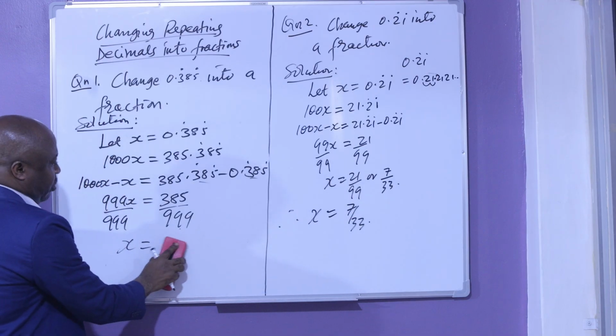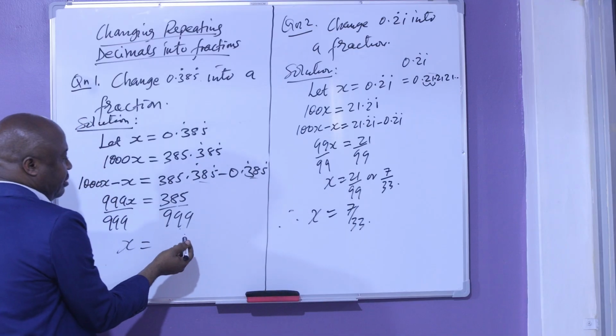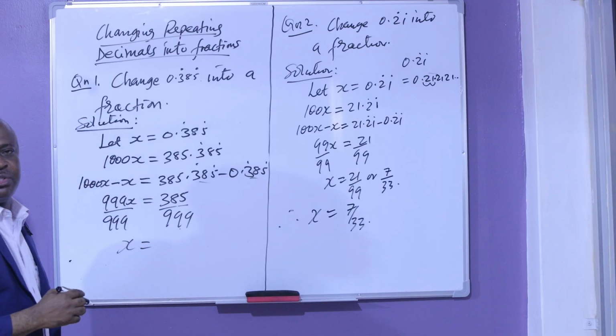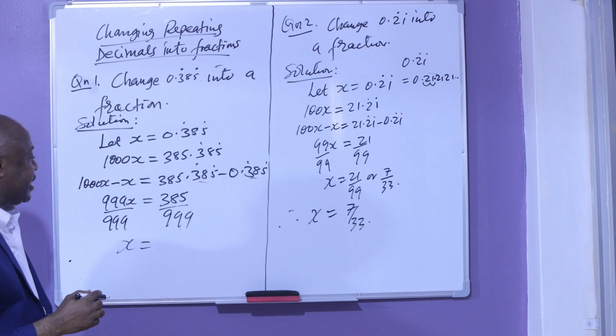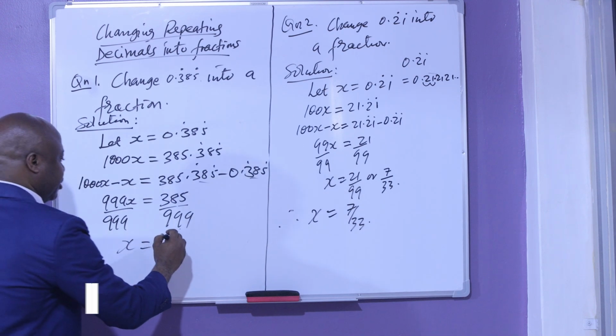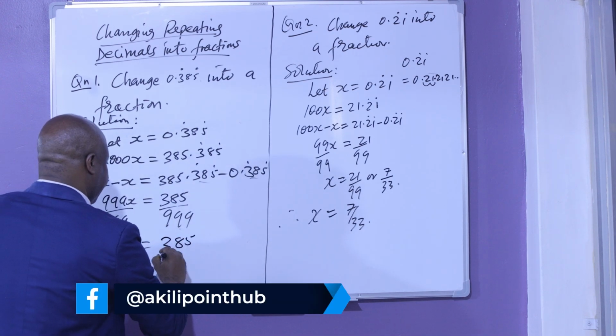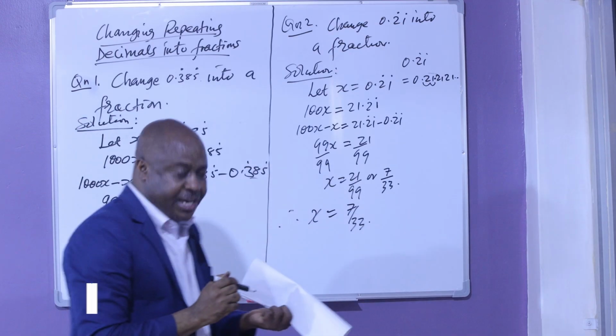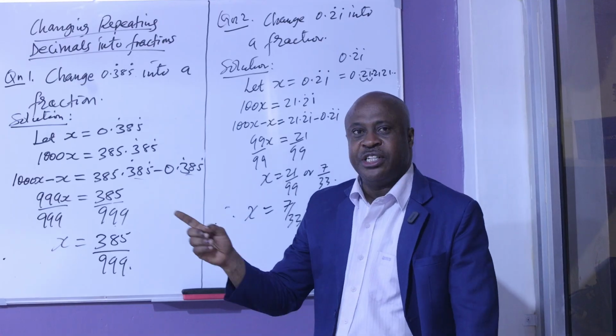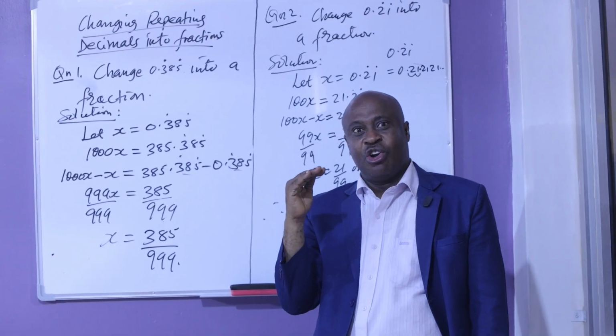So the denominator is not a multiple of 9, is not a multiple of 11. Therefore, our answer will remain 385 over 999.